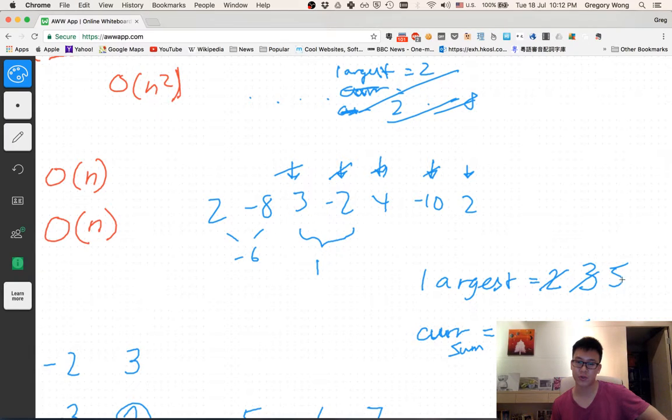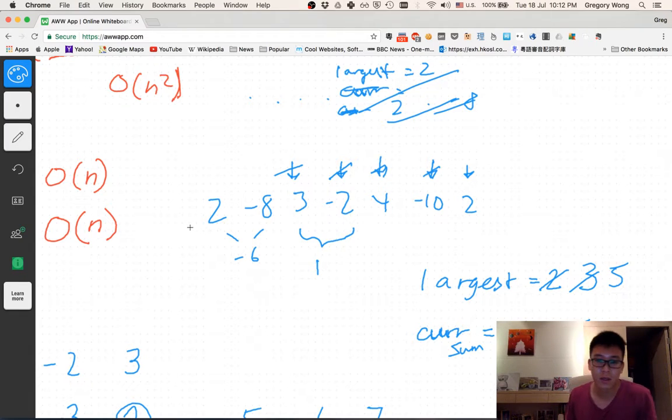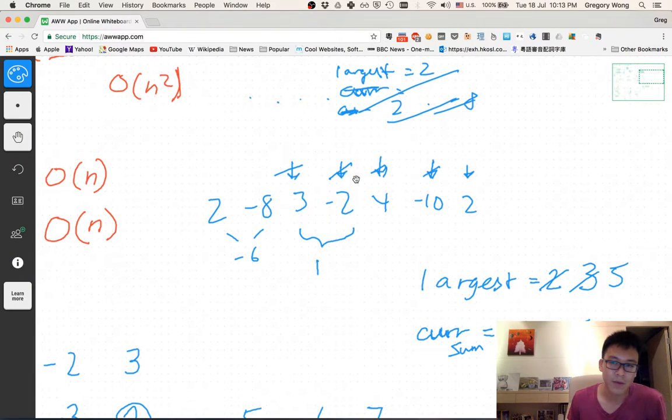Is it larger than the largest? No. So nothing happens. And I've stepped through the entire array and I see that the largest sum was 5, which confirms our initial solution. So I think I might have a better idea of what to do.